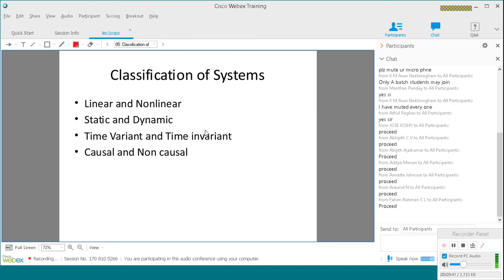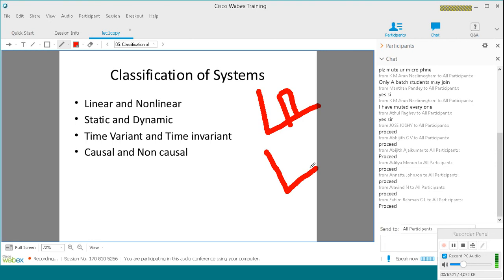Third classification is time variant and time invariant system. The system is said to be time invariant if it produces the same output irrespective of what time it is applied. Suppose a system, when an input is applied at some time, this is the input.